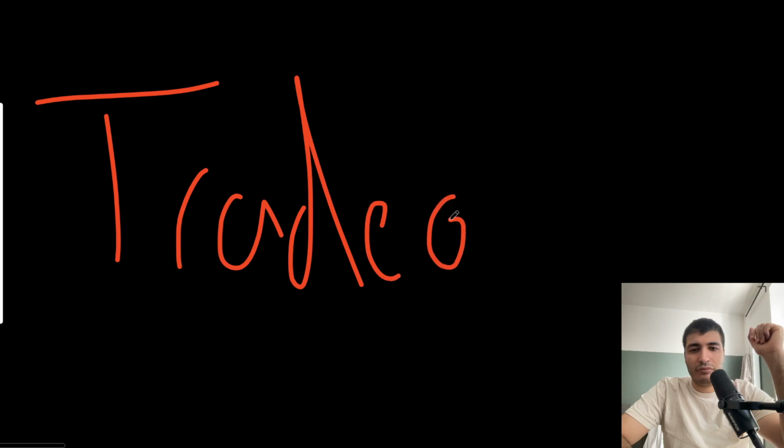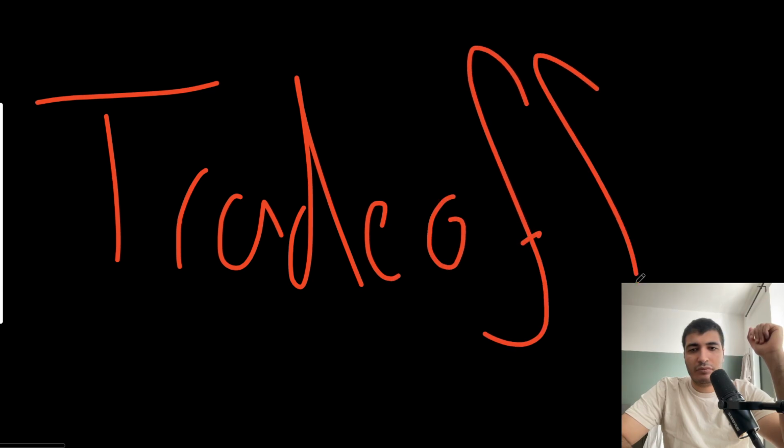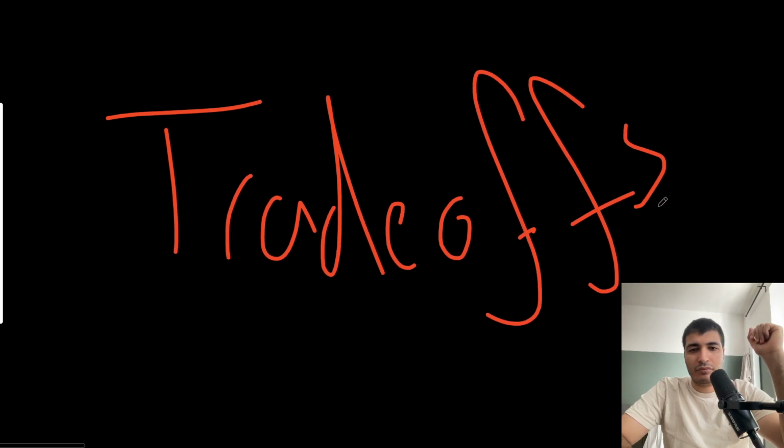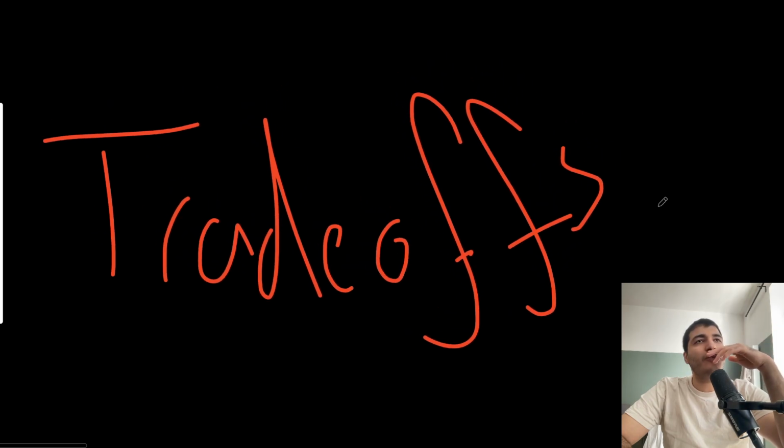Let's talk about the trade-offs. There are three things. First, false positives. The filter can sometimes say item X might be here when it is not. Number two, no removal by default.